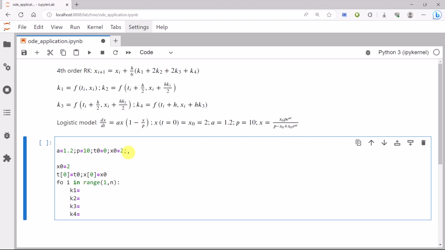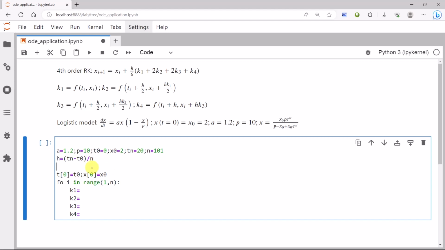That would be 20 years, so we take it as 20. For these arrays, we have to give a number n. Let us say we have 101 divisions, which gives us the step size h. That would be tn minus t naught divided by n.